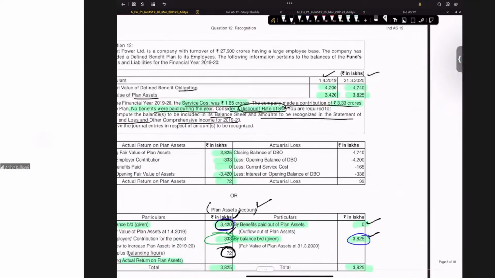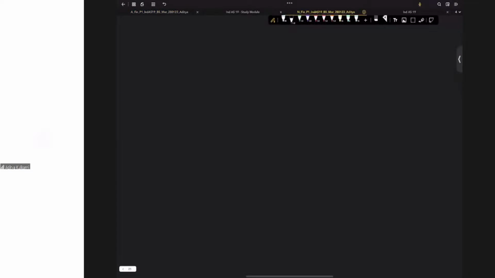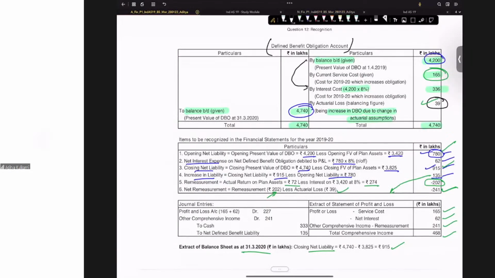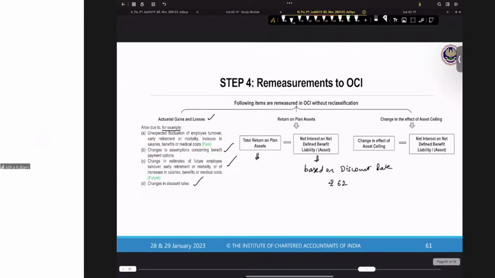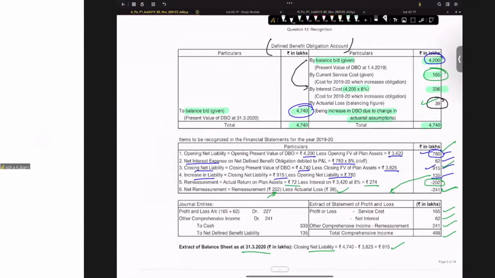1 second. Give me a minute. Total return on plan assets was 72 this side, and net interest on net. Okay, fine. Give me one thing. Total return on plan assets remeasurement.